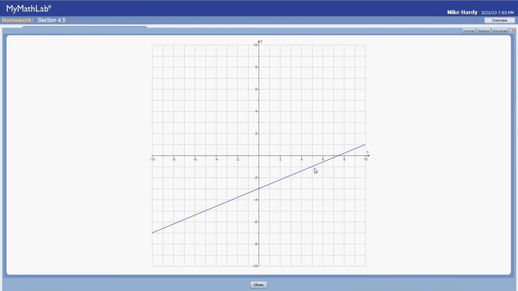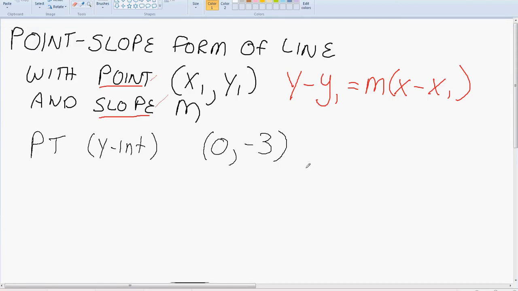Oh wait, here's one. I like this better because we can see all around it, and we can see that it's clearly intersecting at the point (5, -1). So here's our second point, (5, -1). Now with that second point we can get our slope. Our slope is change in y divided by change in x.